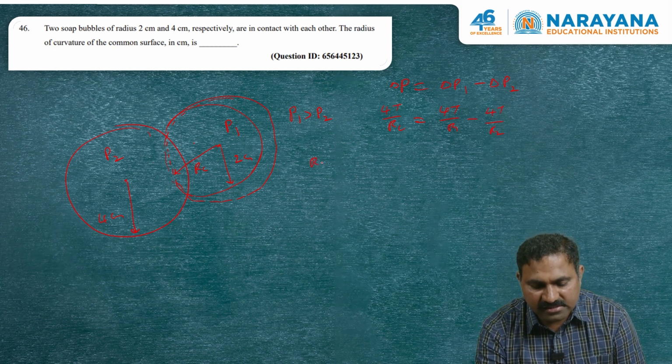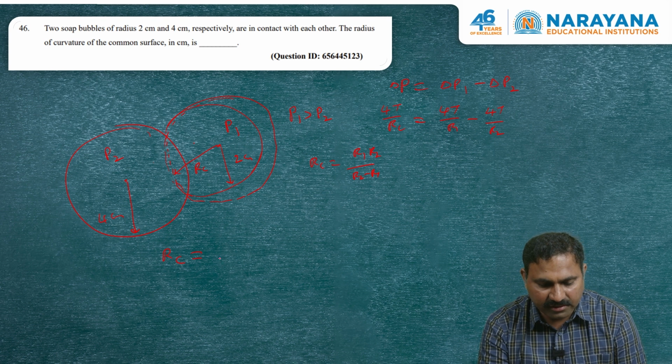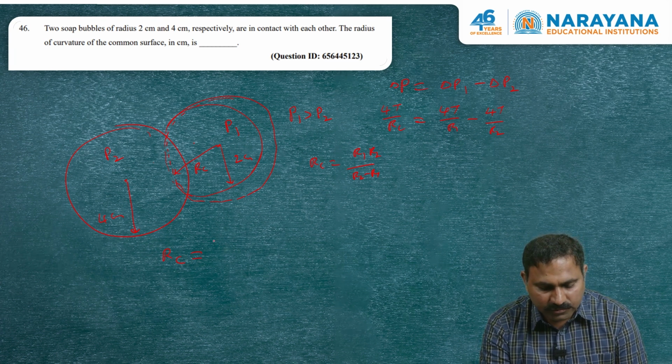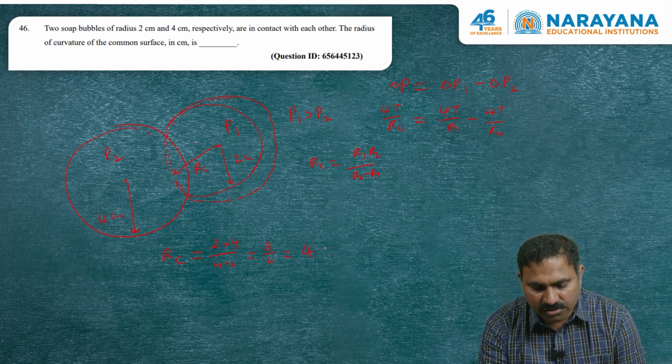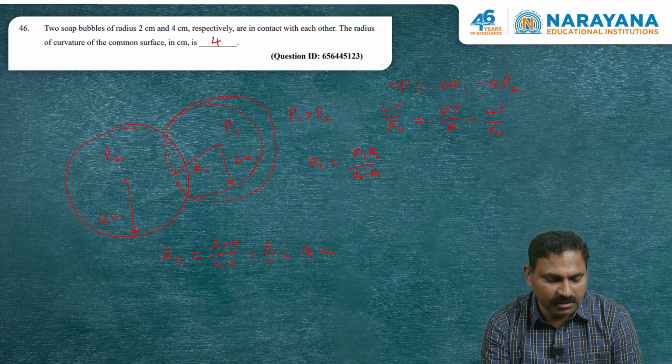So RC equal to R1 R2 by R2 minus R1 you will get. So the new radius of curvature of the interface will be 2 into 4 by 4 minus 2. It comes out to be 8 by 2, which is 4 centimeter. So 4 centimeter will be the answer here.